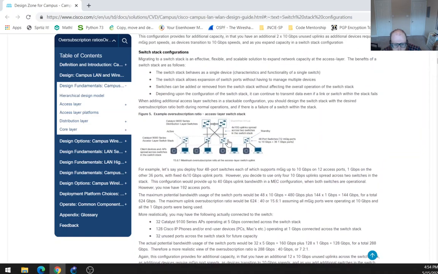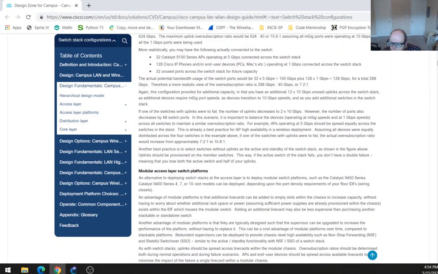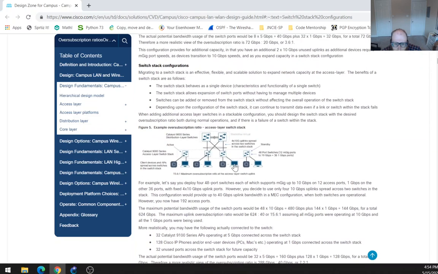So if the active switch of your stack fails, you don't lose half your uplinks.